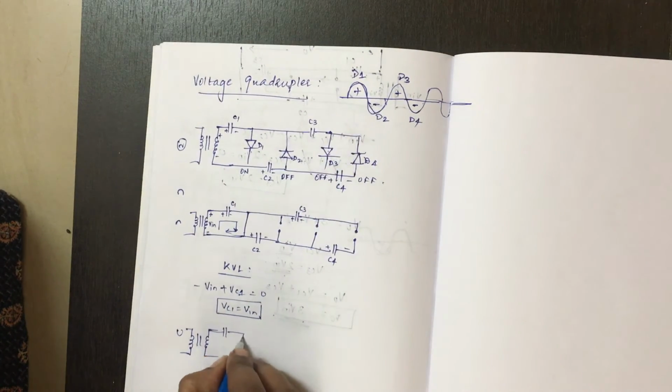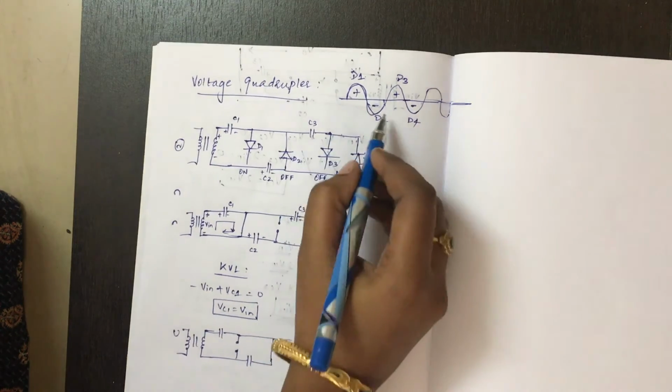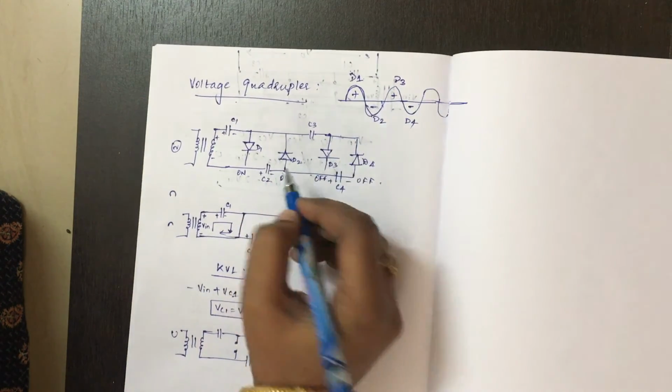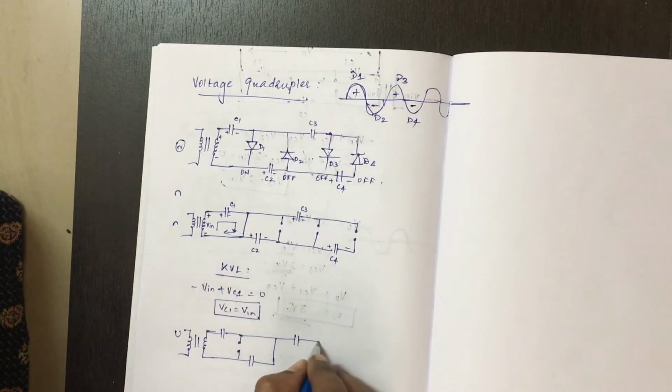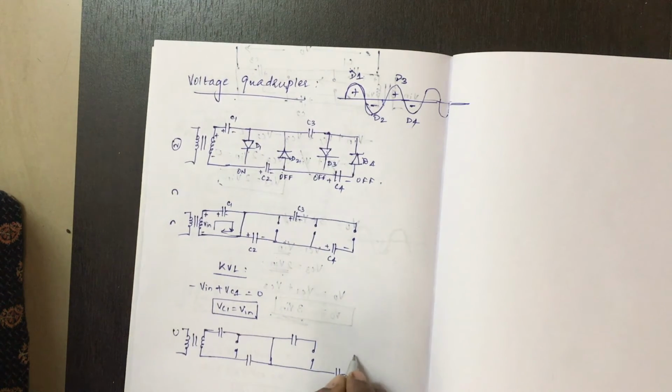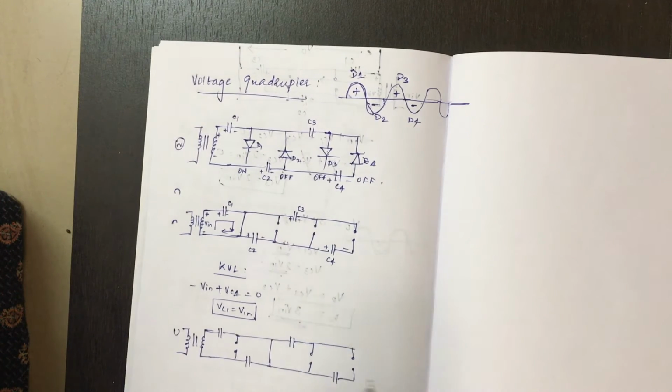So capacitor, this will be an open circuit. Capacitor, the second diode is on, so this will be a closed circuit. Capacitor, the rest will all be turning off. So I will be representing it as an open switch.